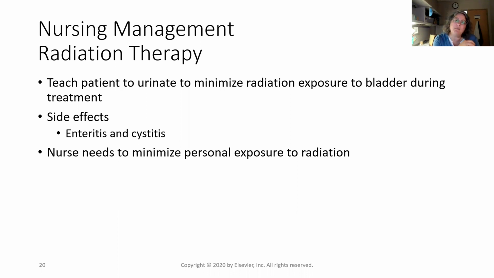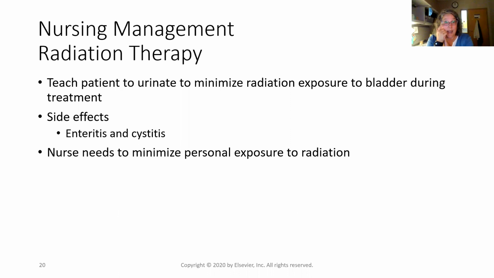We're going to be teaching these patients how to urinate to minimize radiation exposure. We're going to teach them to urinate before going into radiation exposure during the treatment, because if that bladder is empty, it's smaller and it's out of the way. We don't want a big, nice, full bladder getting in the way of the radiation beam.